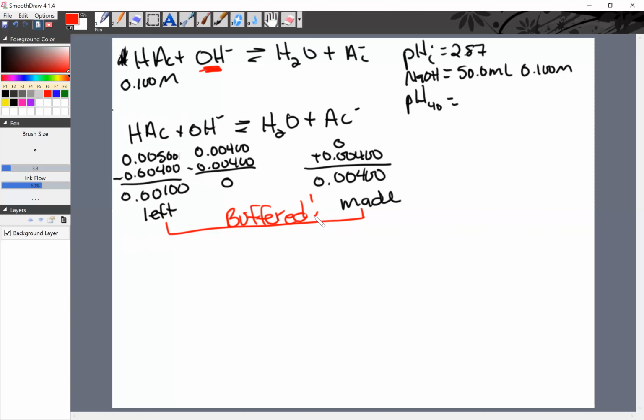Oh, nifty. So the pH is equal to the pKa, which is 4.74, plus the log, and this doesn't change. It's always the base piece over the acid piece. And the log of it.